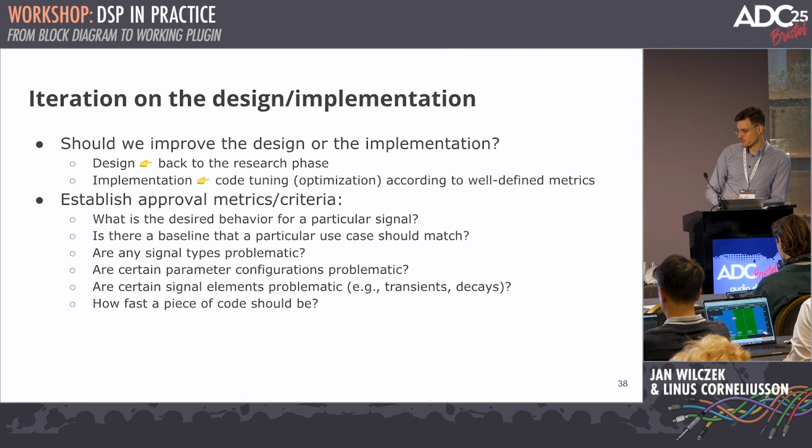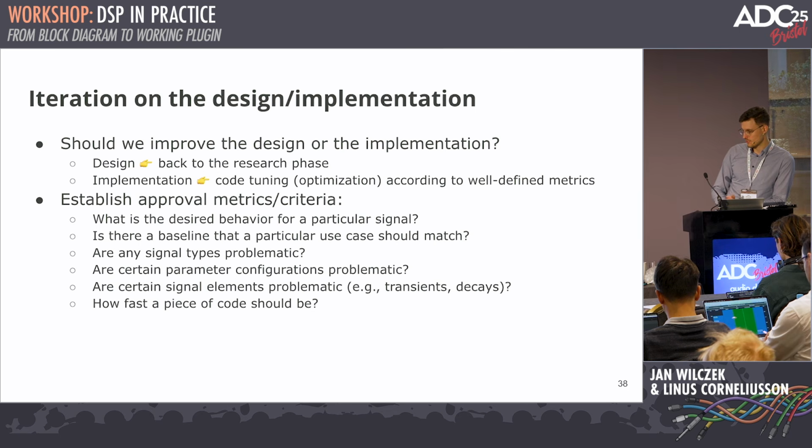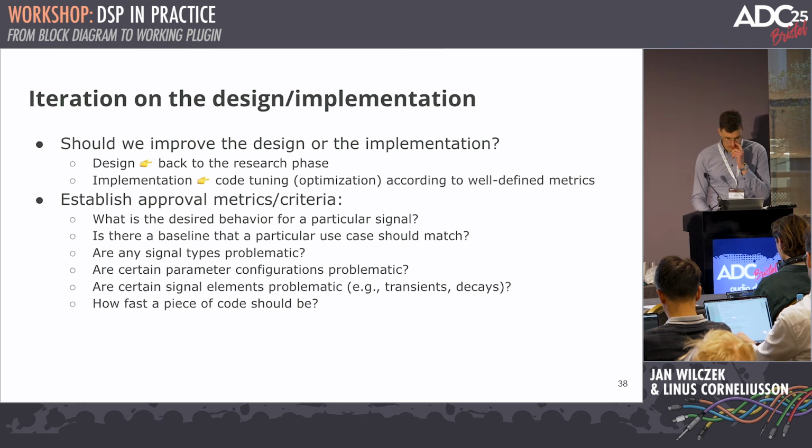But one of the things we focused on was quick reaction, so a low latency of the Octaver itself. Then we were able to pinpoint problems with the current version and iterate from there. But it's always difficult to set specific metrics. So that's what we try to aid here with the questions on the slide.